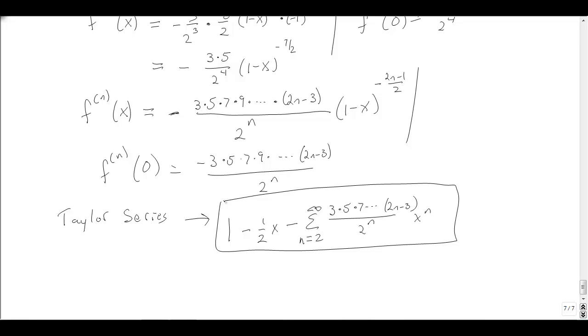One thing where you can improve this is I have this dot, dot, dot here. So let's see if we can get a nicer formula for that. So 3 times 5 times 7 times 9 times dot, dot, dot times 2n minus 3. So we're multiplying a bunch of odd factors together.